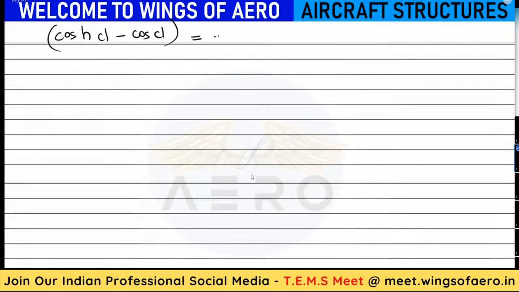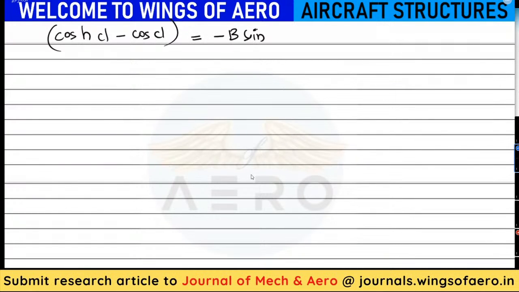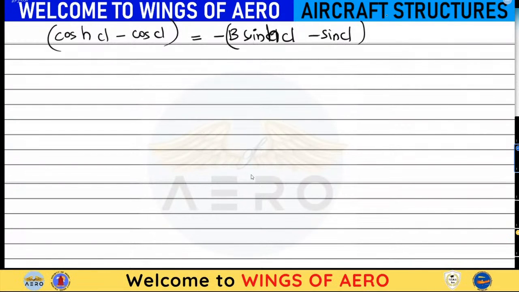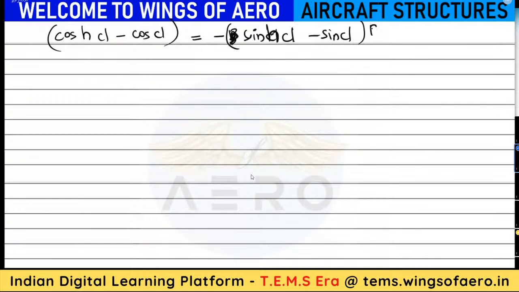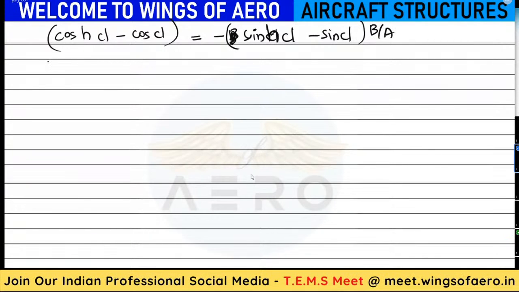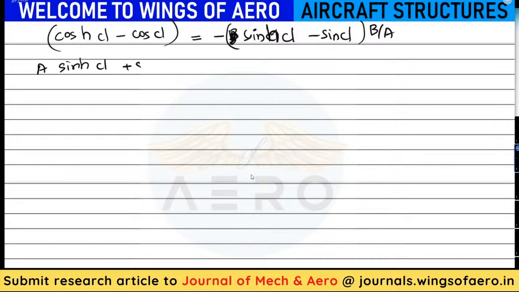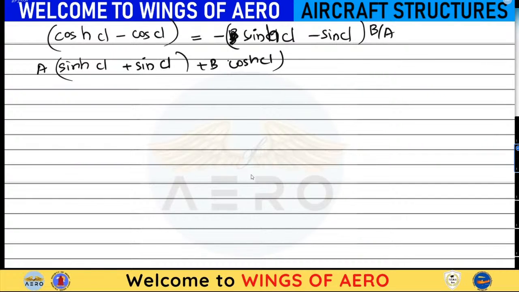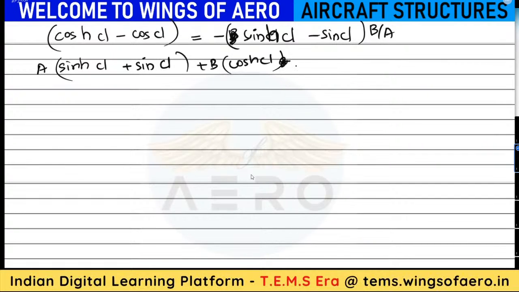So can I write this minus B sinh CL minus sin CL, B by A. The next equation was A sinh CL plus sin CL plus B cos CL, plus, sorry, minus cos CL equal to 0.